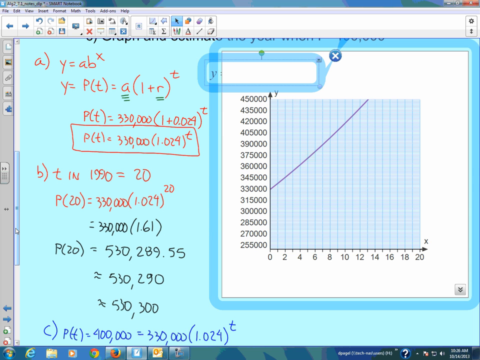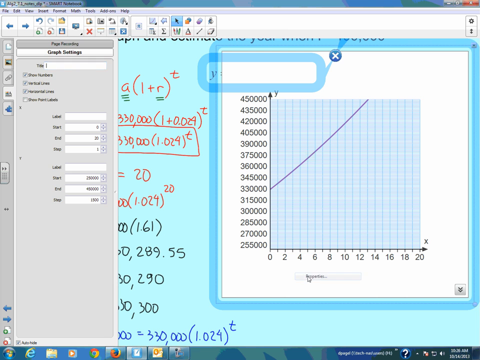So I'm going to use my graph and find 400,000. I know these scales are a little weird, so I'm going to change this to go by 1,000s instead.